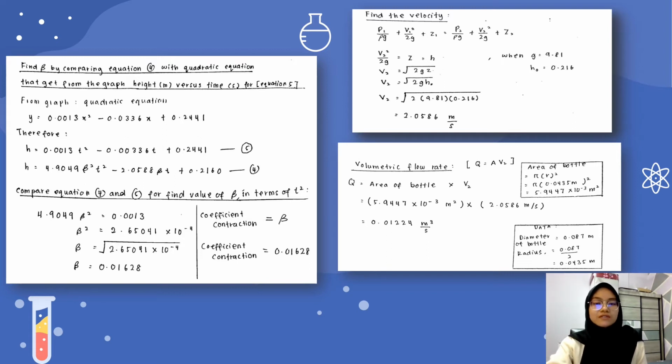And the velocity is 2.0586 meter per second. And lastly, to determine the volumetric flow rate, we must use the equation Q is equal to area of bottle multiplied by velocity. So the value of volumetric flow rate is 0.01224 meter cube per second.